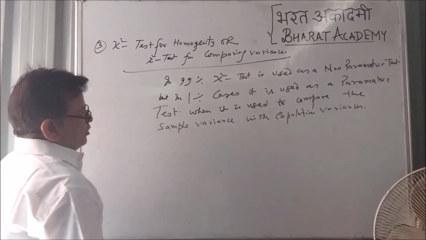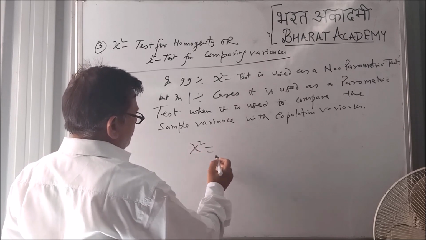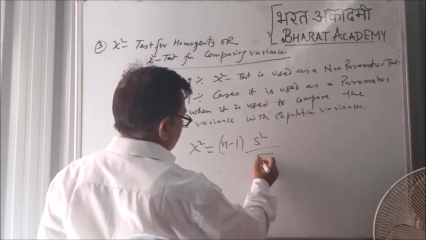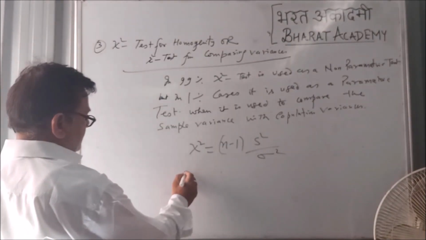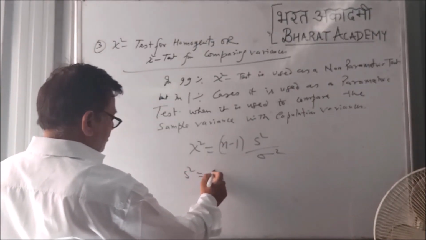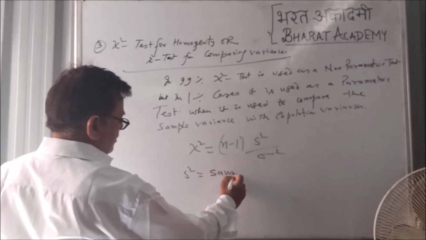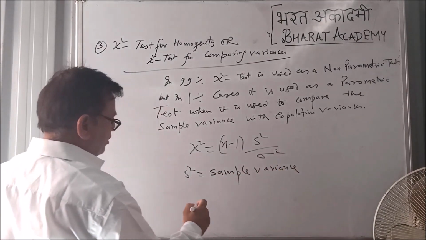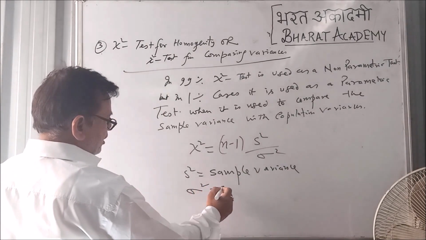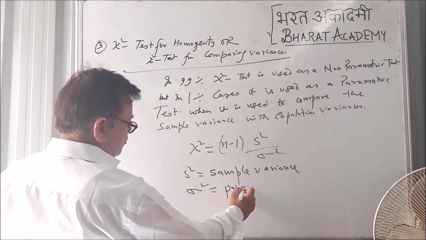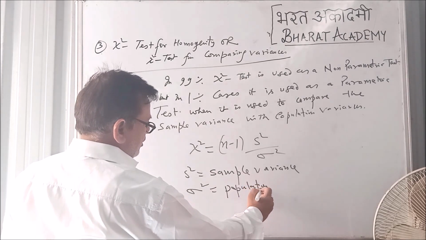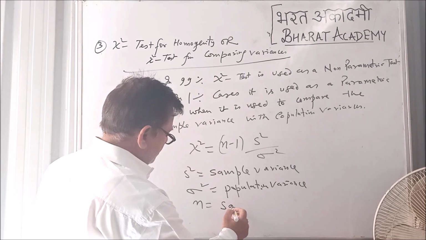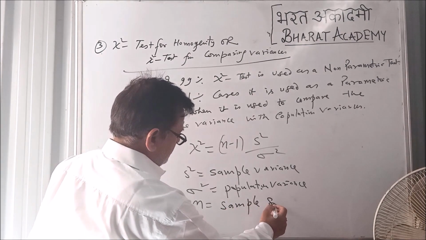In this case, the chi-square test is given as chi-square equal to (n minus 1) into s square upon sigma square, where s square is the variance of the sample, sigma square is the population variance, and n is the sample size.